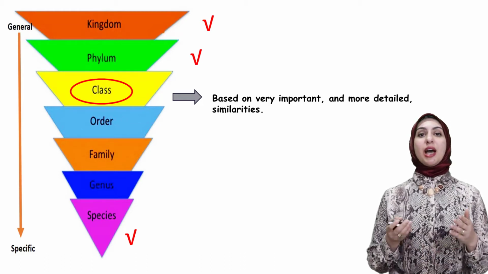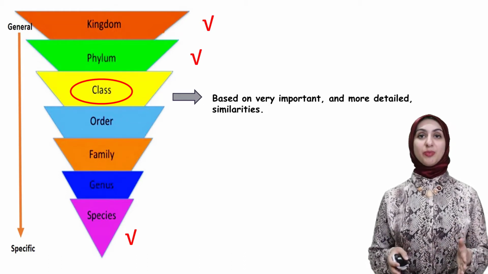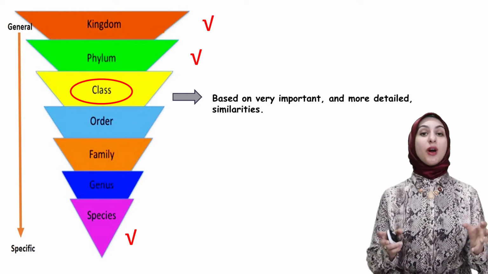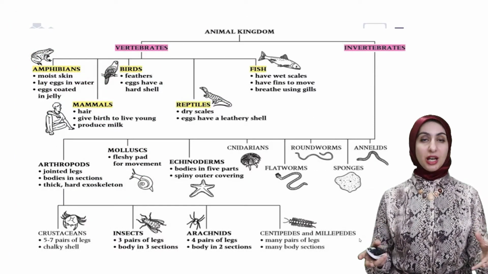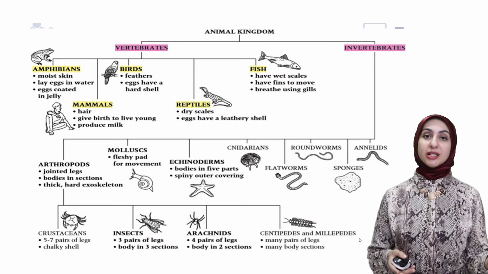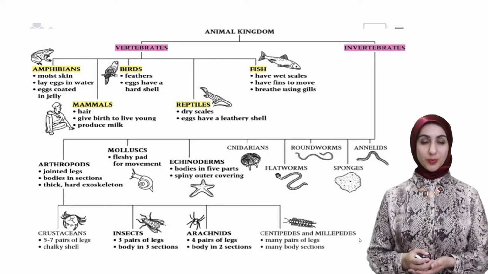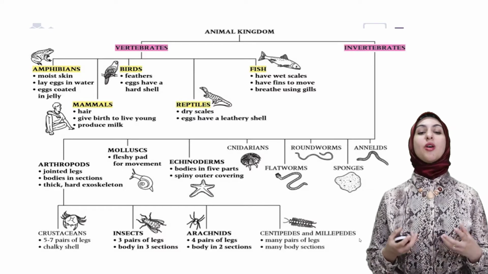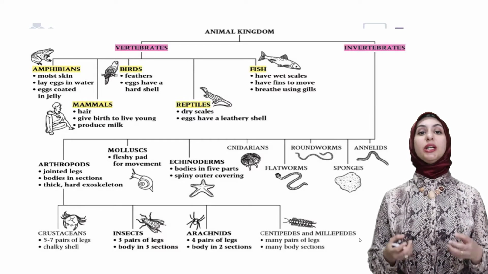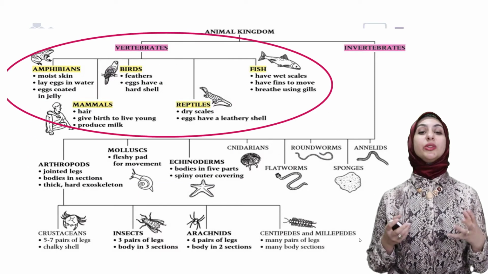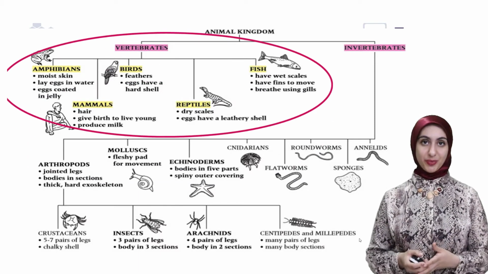As you can see here in this diagram, the animal kingdom is divided into 2 main groups or 2 main phyla, which are vertebrates and invertebrates. The vertebrates are divided into 5 classes, and today our talking will be mainly on these 5 classes.